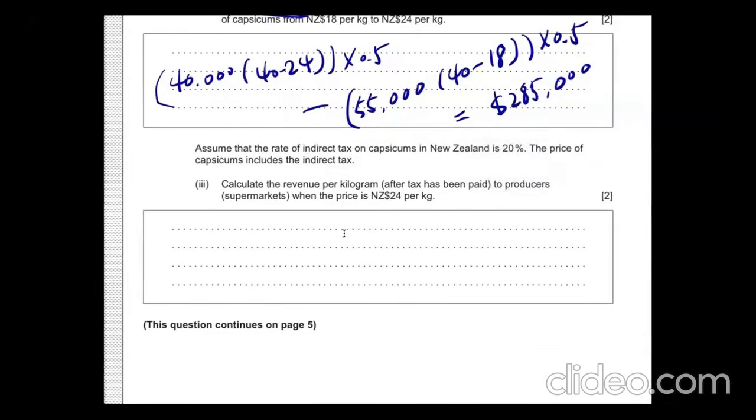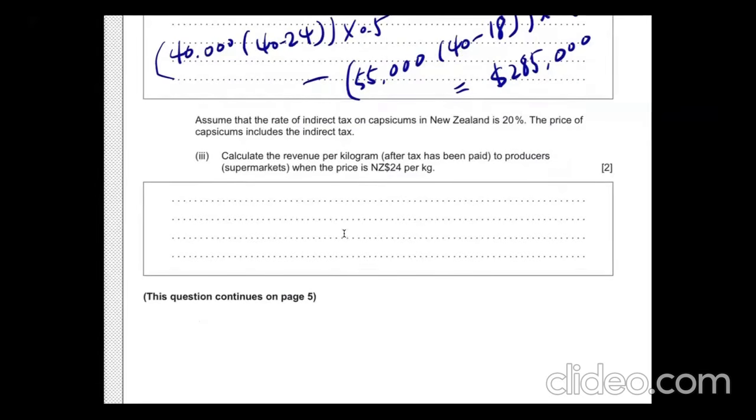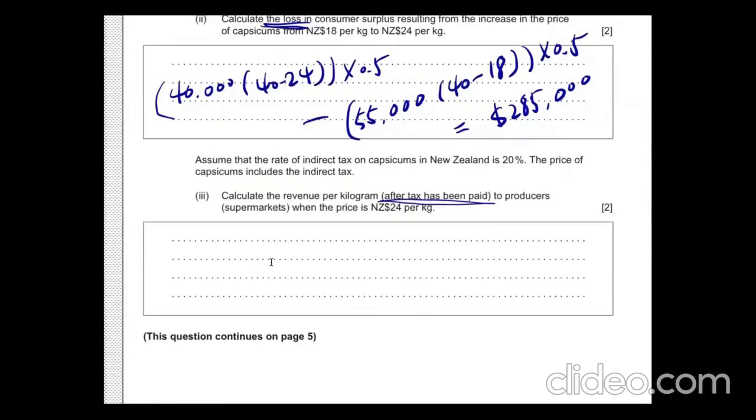Assume that the rate of indirect tax on capsicums in New Zealand is 20%, which doesn't look quite affordable. The price of capsicums includes the indirect tax. Question 3, calculate the revenue per kilogram after tax has been paid to producers, when the price is 24, after the price has been increased. It is per kilogram, which is divided by the quantity already, so I can focus on the price 24.